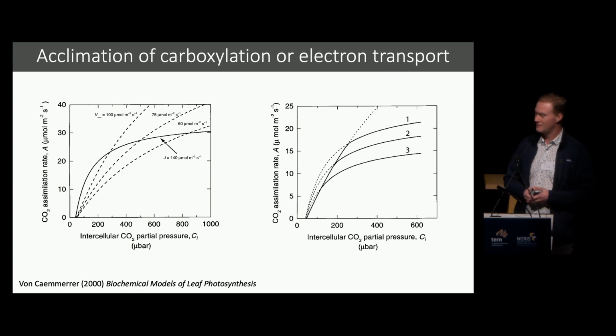On the other hand, the right-hand graph shows what would happen if it instead adjusted the Ci transition by changing the electron transport rate, the Jmax. And you could see that would result in a much steeper increase in photosynthesis than if the adjustment was made by changing Vcmax. So this, I think, is a really important and interesting question.